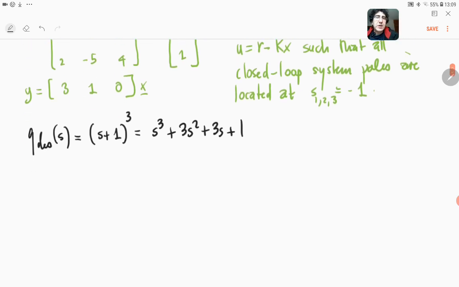What about the closed loop system matrix?